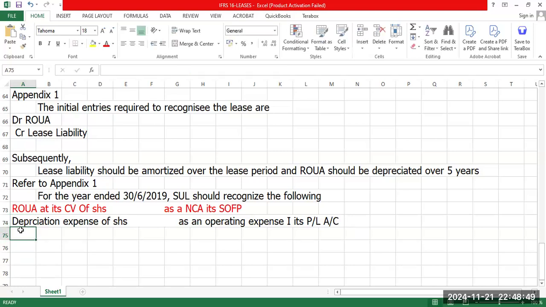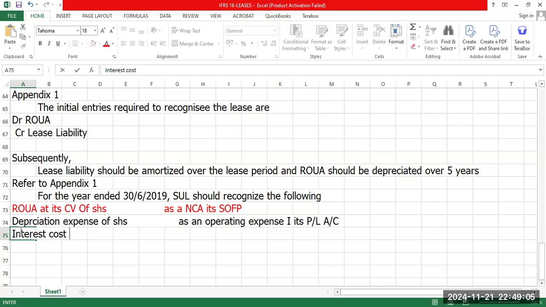Then the next item you will need is interest cost. Since there is a liability, you need to pay an interest.